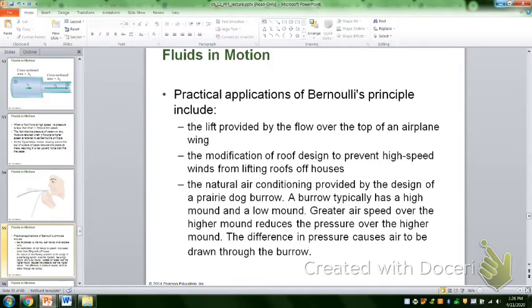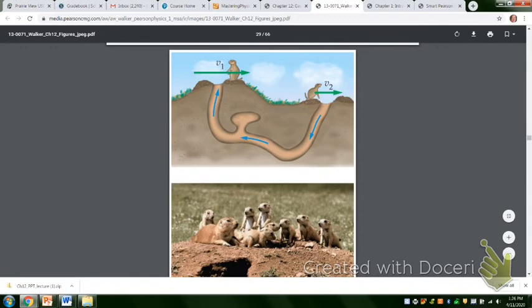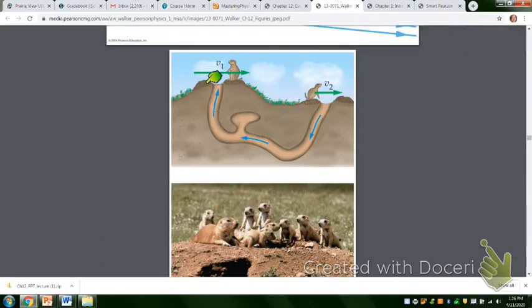So here is a picture of how this might happen in nature. Typically prairie dogs tend to burrow with one side being high, one side being low. So the front door, the back door, however you want to think about it, if one's higher, then whenever a wind comes up, the wind speed's going to be higher here than it would be here.